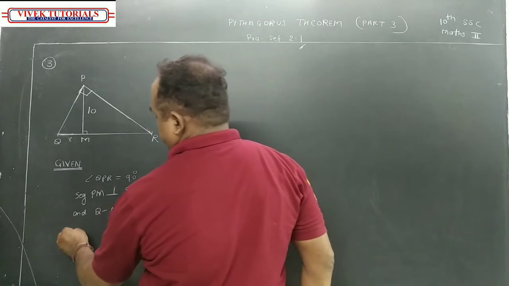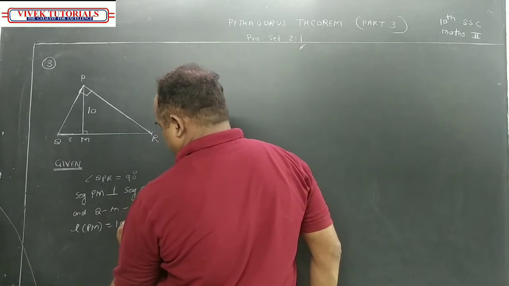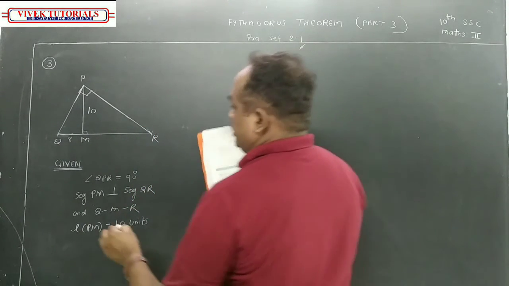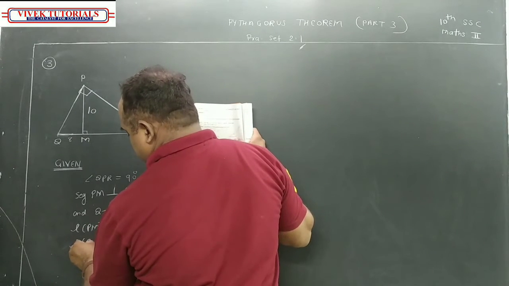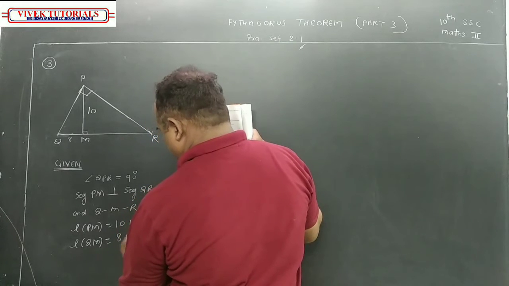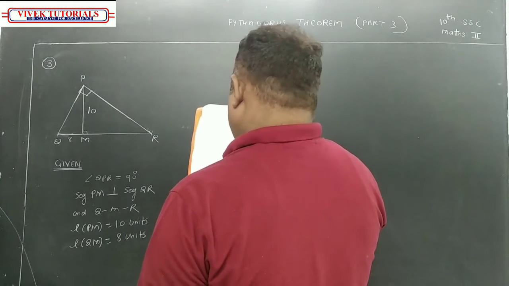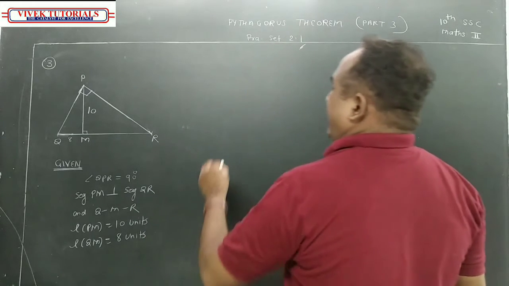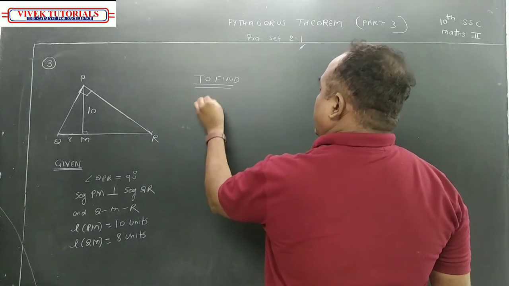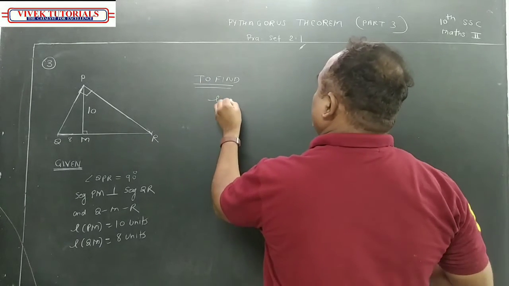Length PM is equal to 10 units and length QM is equal to 8 units. They have asked to find out length QR.